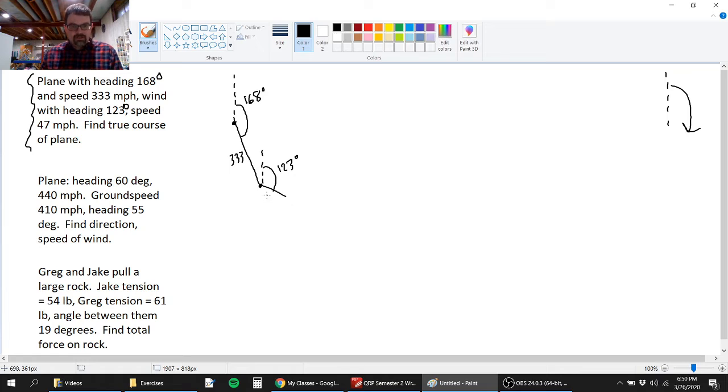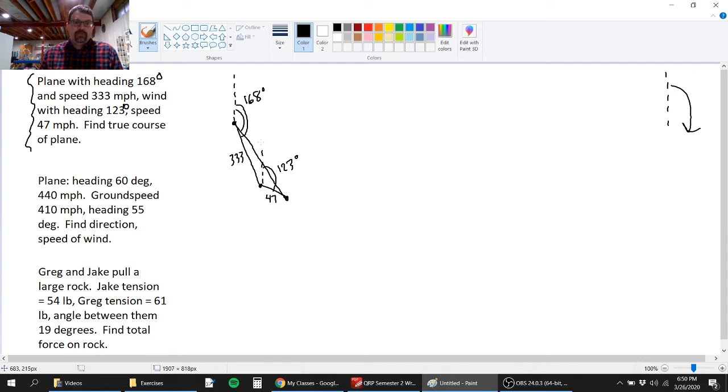And the length of the vector for the wind is 47. Now, true course of the plane would come from connecting beginning to the end, finding that length, and figuring out what this angle is, from the dashed line just to the top line of the triangle.